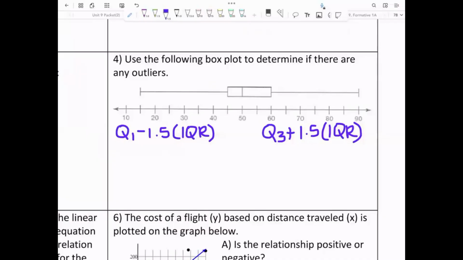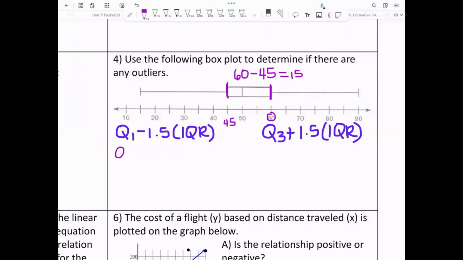And if there's anything beyond that, that will be an outlier. So Q1 is the beginning of our box, so that's at 45. And Q3 is the end of our box, so that's at 60.